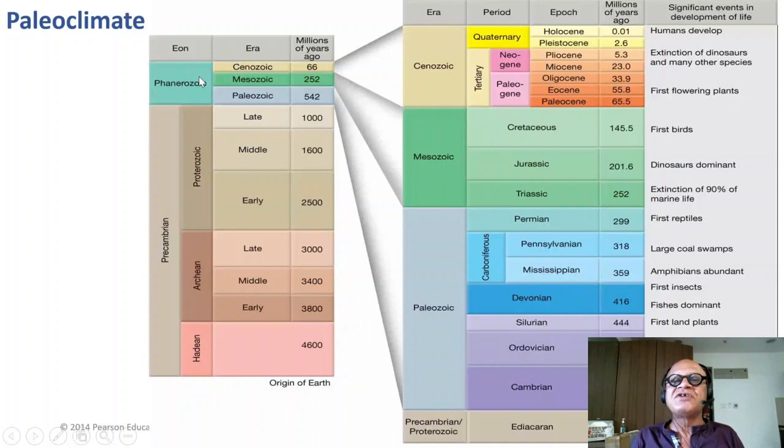So you have various visible evidences of life. We will look a little bit at the last 66 million years in the next couple of slides, which is the Cenozoic. So you have Paleozoic, Mesozoic, and Cenozoic.